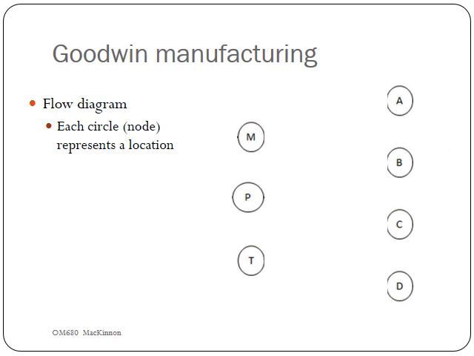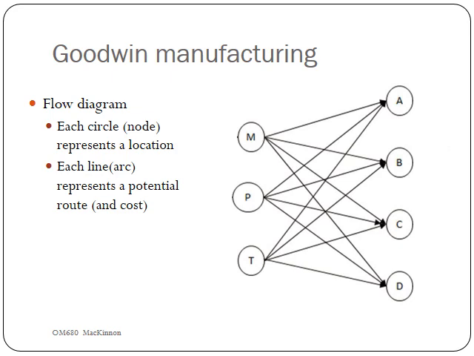But before we do that, we're going to create a flow diagram. And so this is the way it works. In a flow diagram, you start by drawing a bunch of circles. Each circle is a node and represents a location. So M, P, T on the left represent our sources, and A, B, C, D on the right represent the first letter of our destinations. Then we start drawing lines, or in this case, we call them arcs, even though they don't really arc. Each arc represents a potential route and therefore a cost.